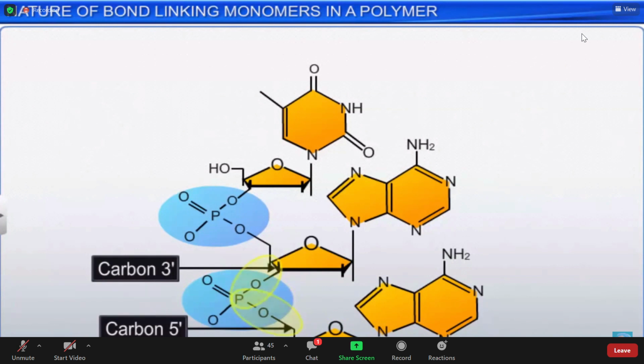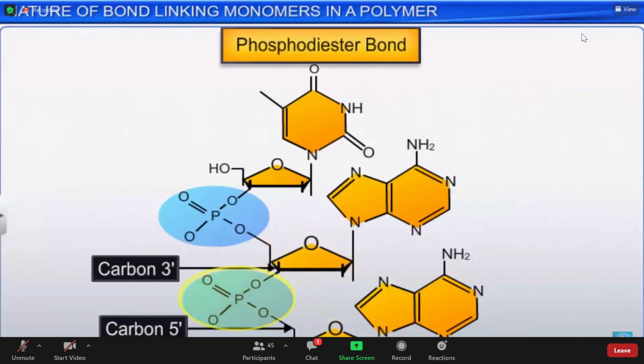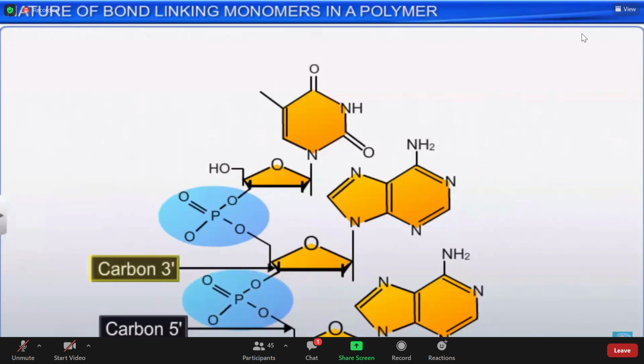The ester bonds formed by the phosphate group between the 3rd and 5th carbon atoms of adjacent pentose sugar rings are called phosphodiester bonds. This bond links the 3' carbon atom of one sugar molecule with the 5' carbon atom of an adjacent sugar molecule.